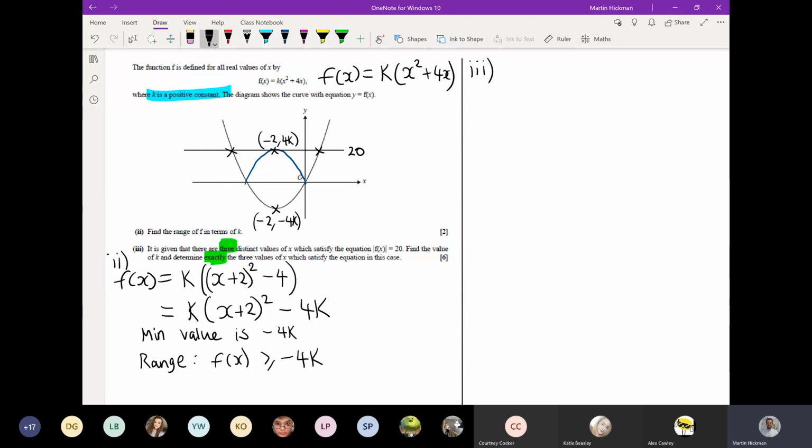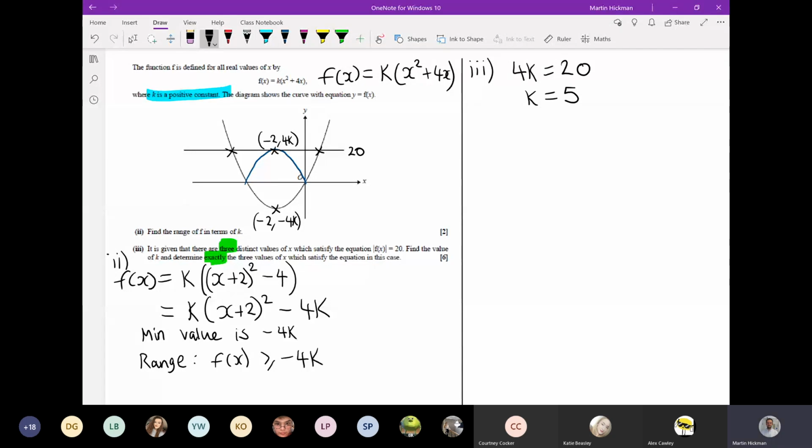But it has to just touch there, because if that line was higher, then there'd be 2 solutions. So I know that 4k equals 20, and therefore k equals 5.